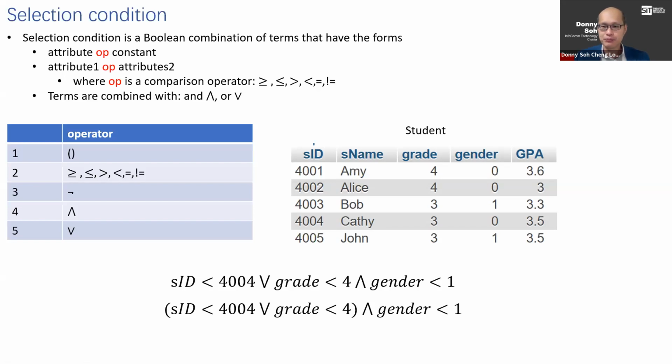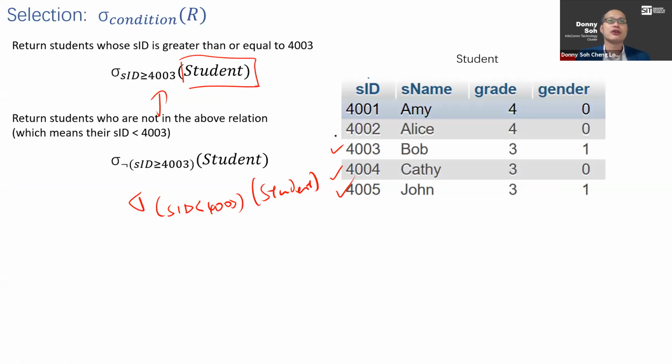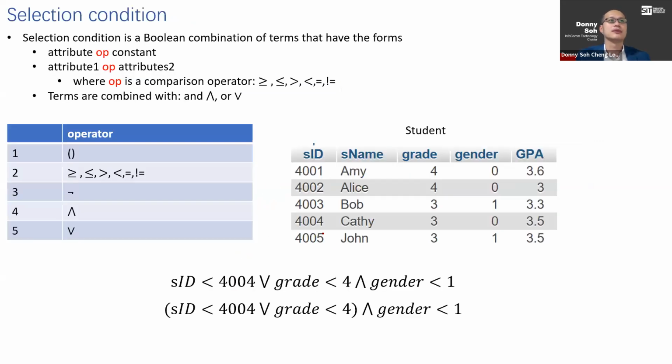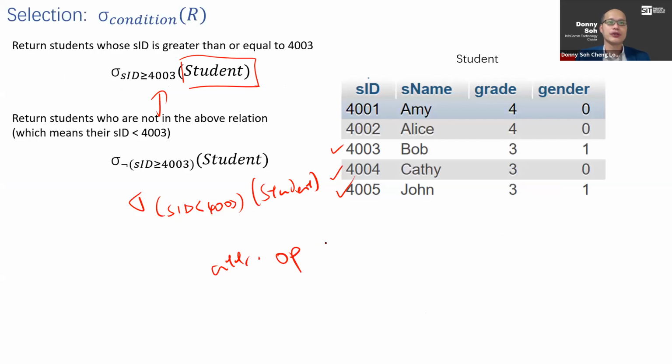In the previous slide, we had attribute operator constant. So this is what we have.